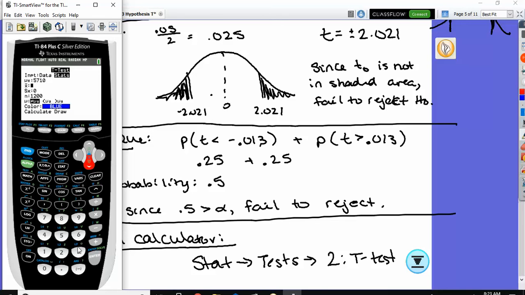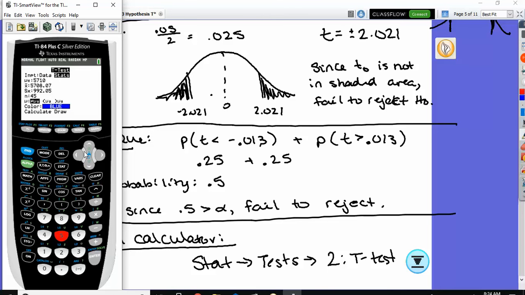My x bar, that's the mean of my sample, which was 5708.07. S sub x, that is the standard deviation of the sample, which was 992.05.